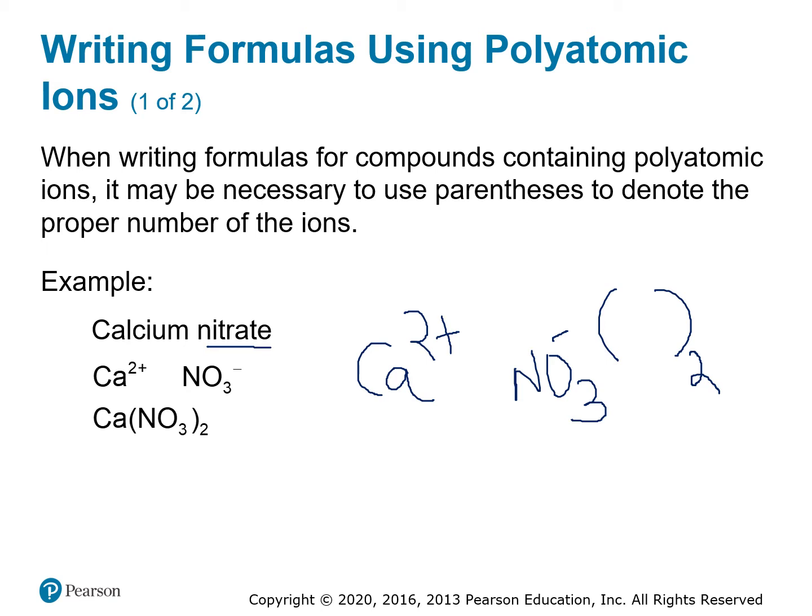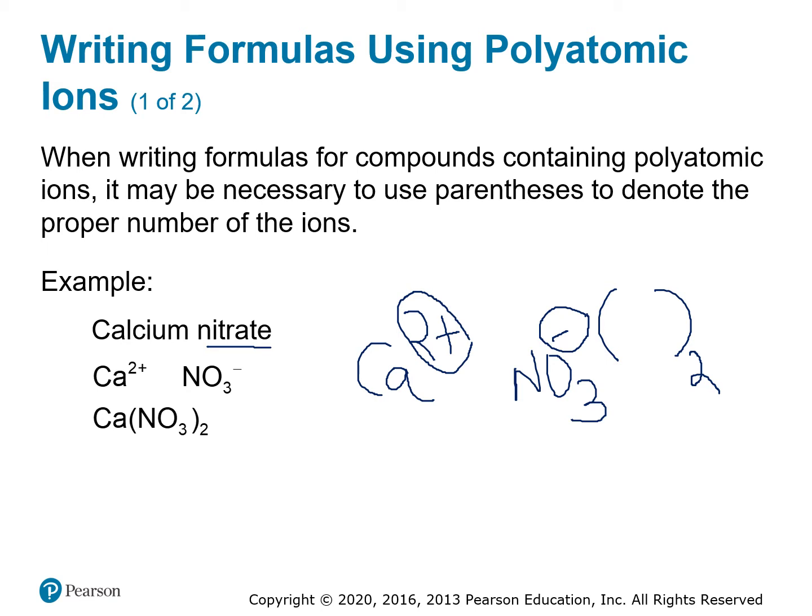Now I know the parts of the name, but I have to write the formula. For calcium, there is 1 nitrate, but look at the charges. The charge here is 2 plus, and here the charge is only 1. We always want to write formulas which are neutral in charge.